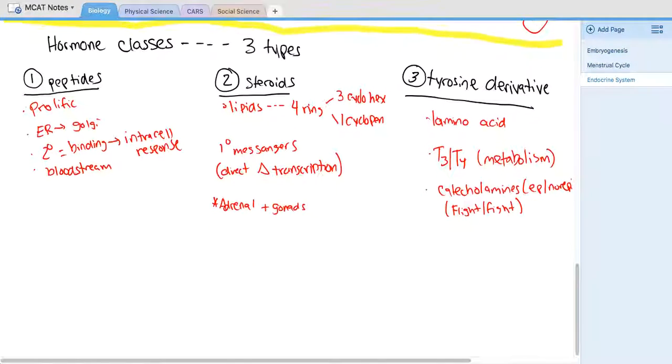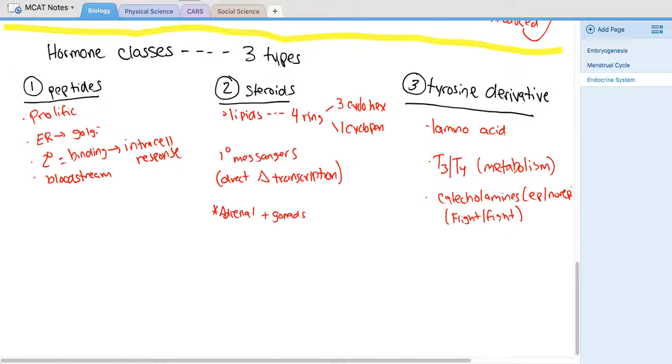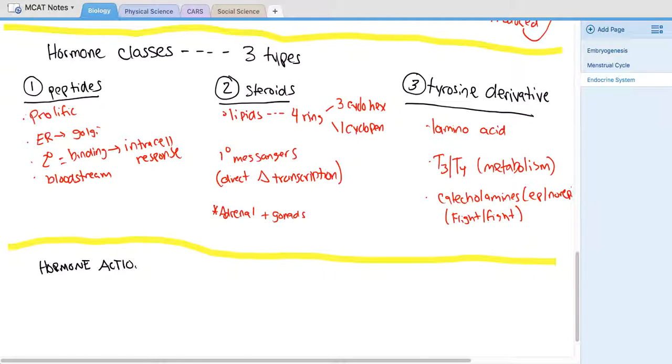So I'm going to go more into the action of the hormones. Secondary messengers.